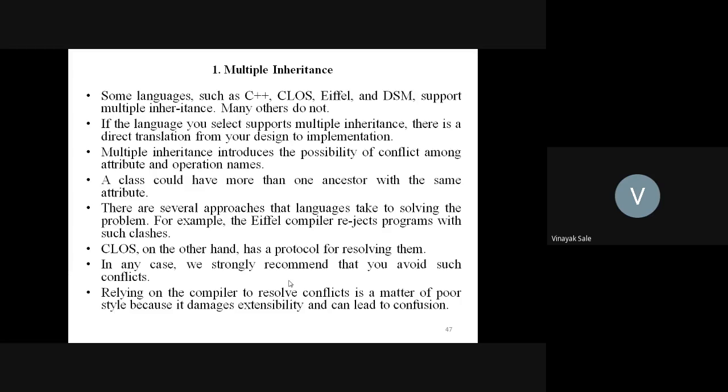Multiple inheritance introduces the possibility of conflict among attribute and operation names. A class could have more than one ancestor with the same attribute.